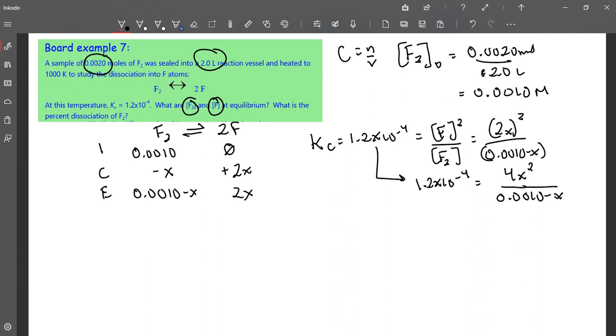So let's expand. I'm going to cross multiply, and we're going to get, right, there's an imaginary 1 over here, so it'll be... okay. Now, how do you normally solve? You learn in your grade 10 math class, how do you normally solve for an equation that looks like this?